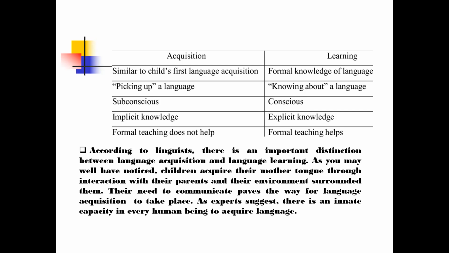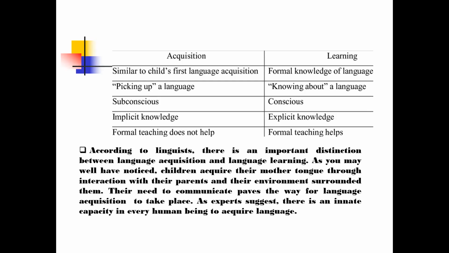What we get from acquisition is implicit knowledge, but in learning, it's explicit knowledge. And in acquiring a language or a knowledge, it could be informal, but no, I mean, formal teaching doesn't help anything here. But in learning, formal teaching really helps.